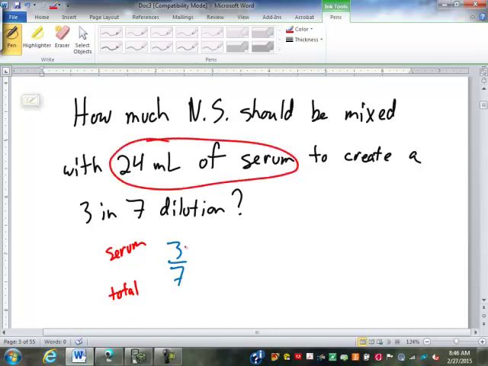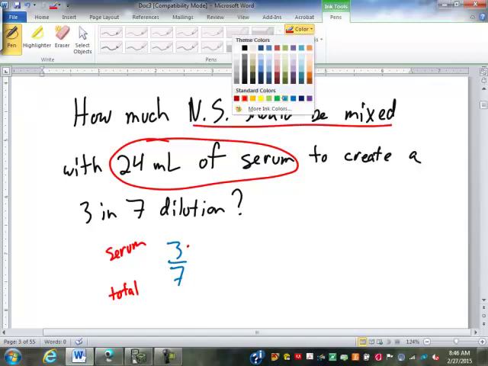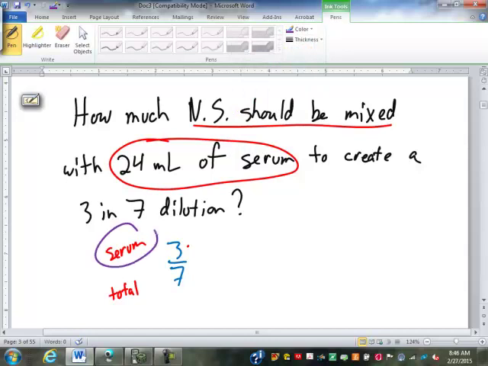So we have that. Do we have the total solution, or are we looking for the total solution? No, we're looking for the amount of NS. So we need a ratio that has serum in it, but we don't need the total solution. We need a ratio that has the saline in it. So we're going to do the ratio of serum to saline. Well, the serum is still going to be 3 parts. How many parts of saline will there be?